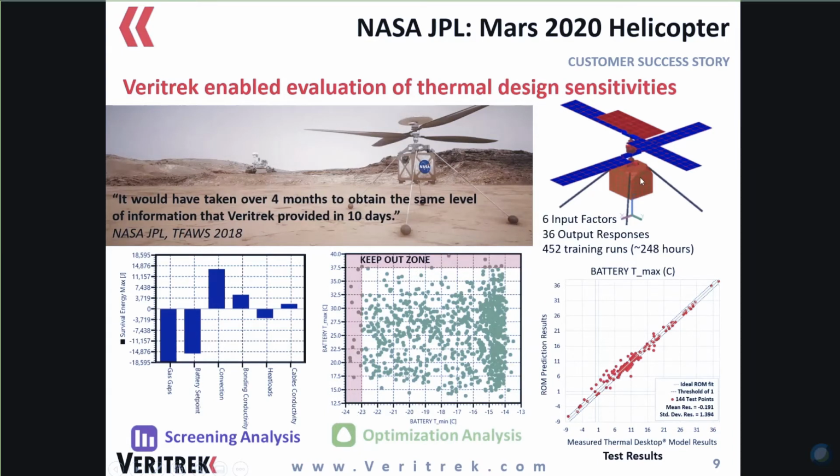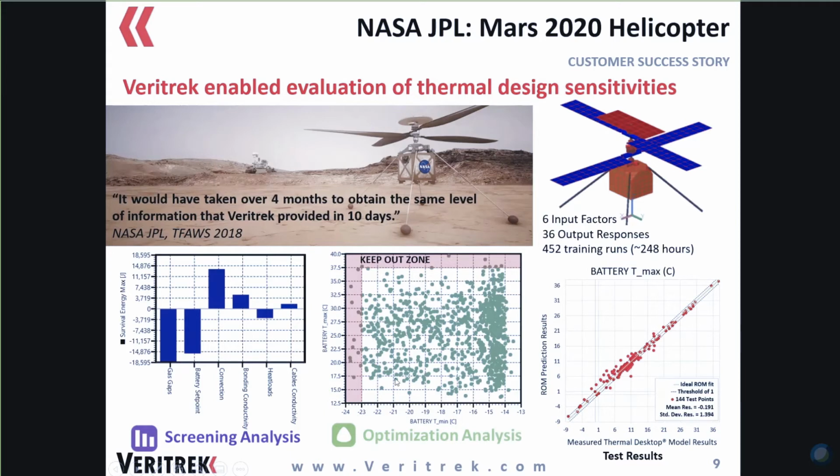They also used Veritrek's optimization analysis, in a design verification fashion, to make sure that at any place in the thermal design space, they would still meet component temperature requirements. And so the optimization analysis allows a user to quickly interrogate a design space with thousands of possible combinations.